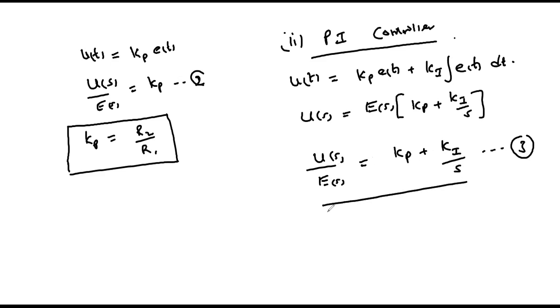We proceed to obtain the electronic implementation of the controller, obtain its transfer function, and compare it with equation 3, which is the mathematical description of the proportional plus integral controller. The implementation is as follows.